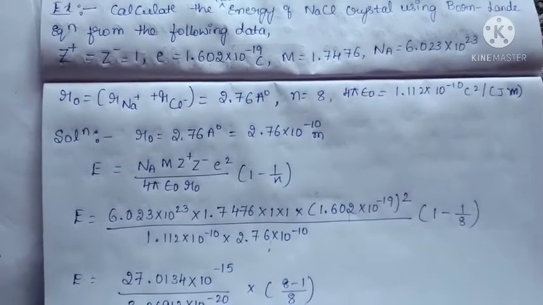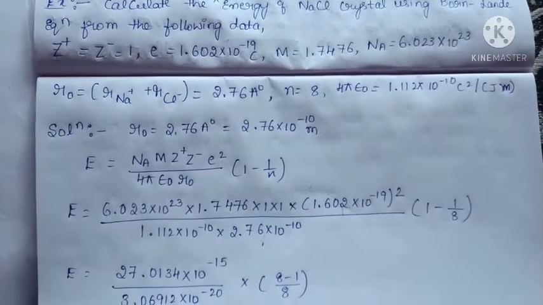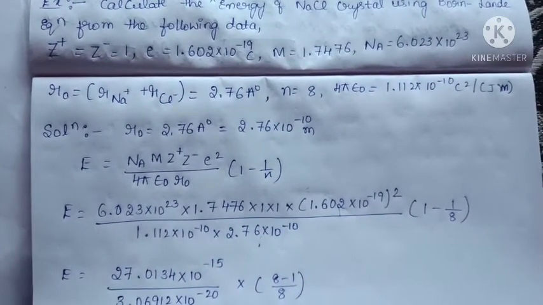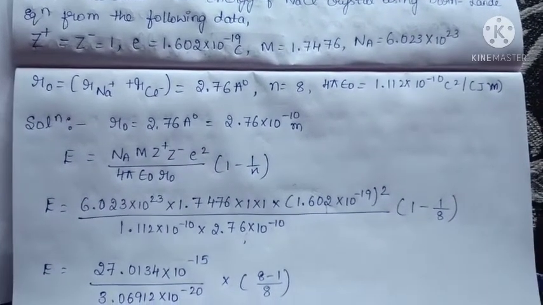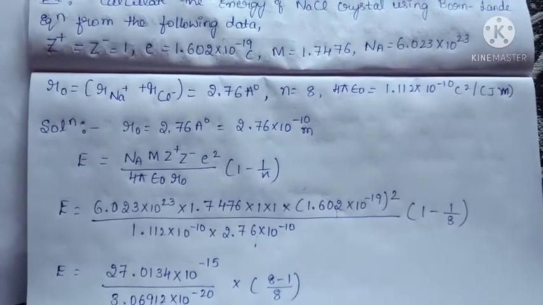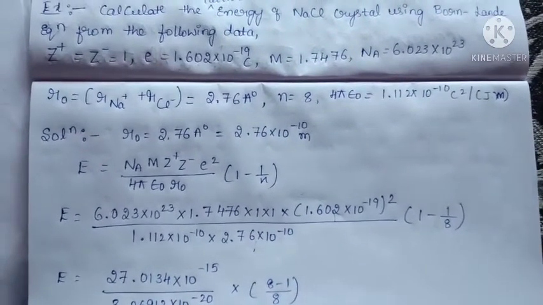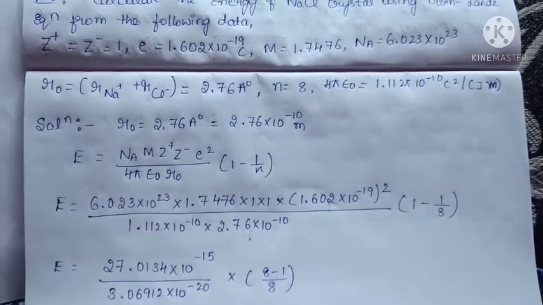M is equal to the constant value 1.7476. Na is Avogadro number. You already know that the value of Avogadro number is 6.023 into 10 to the power of 23, and R naught is 2.76 angstrom.